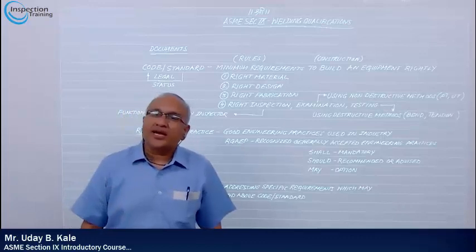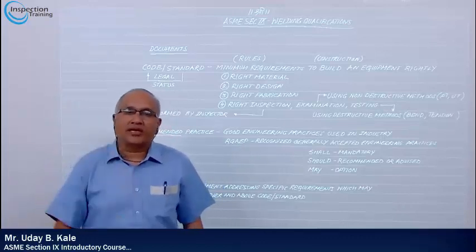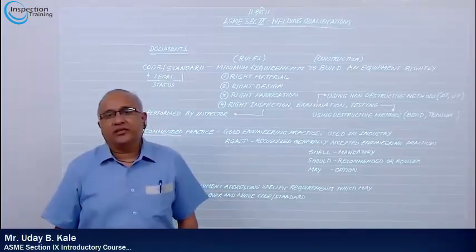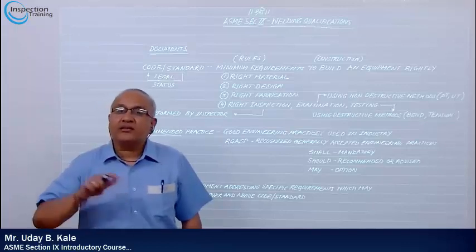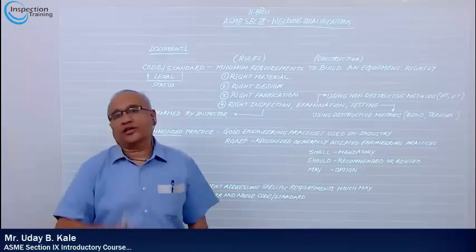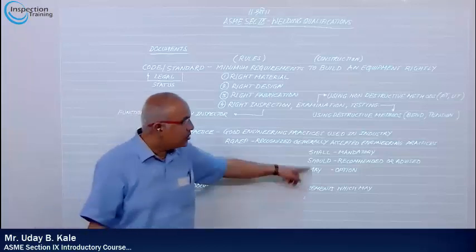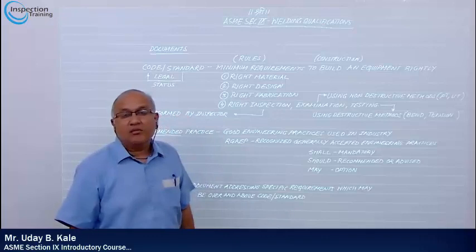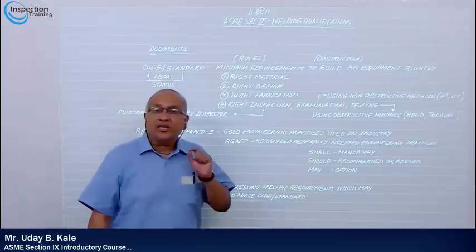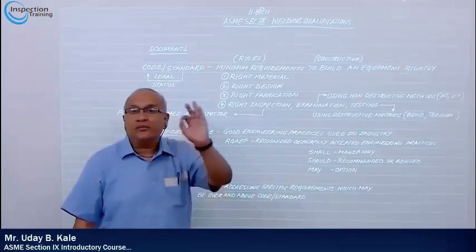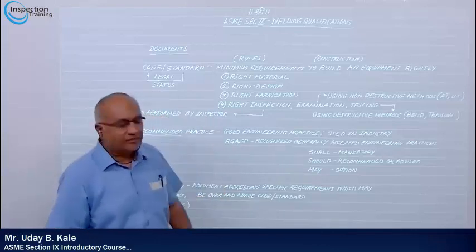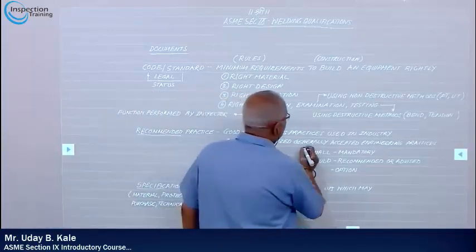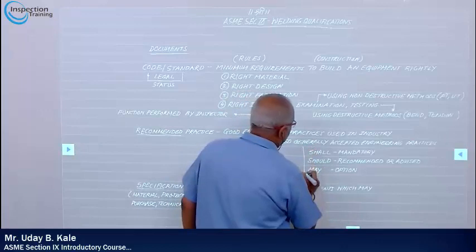So what was mandatory? Radiography examination was mandatory. But now they have given that under certain conditions you may use ultrasonic. So it is an option to shall. So these three words must be used with their literal meaning. So one must understand this.